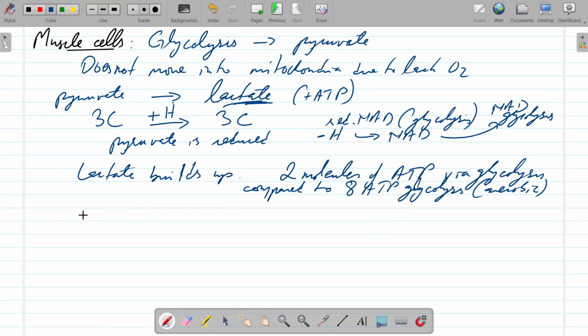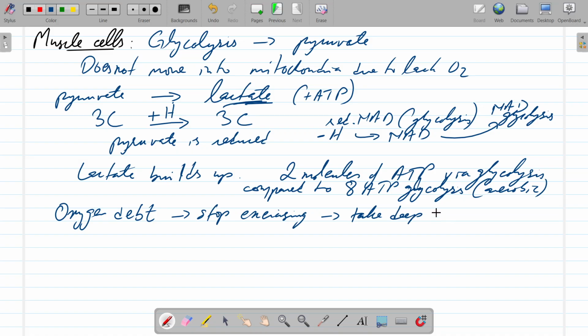Now, what happens later, when you stop exercising, there's an oxygen debt. So when you stop exercising or whatever it is that created the oxygen debt, you take deep breaths for some time, and this continues.